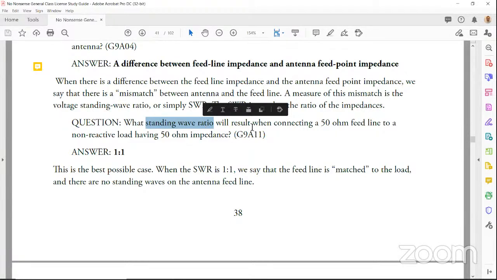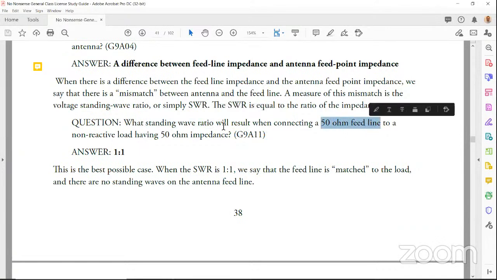But we have a 50 ohm feed line and a 50 ohm load. So therefore, as we learned the last session, you put those two numbers side by side, divide them by one of the numbers, and you'll end up with a ratio. So it's 50 to 50, dividing it by 50, we end up with 1 to 1.